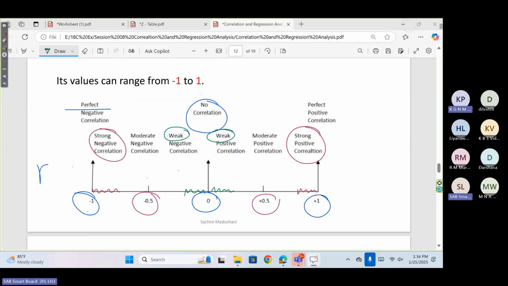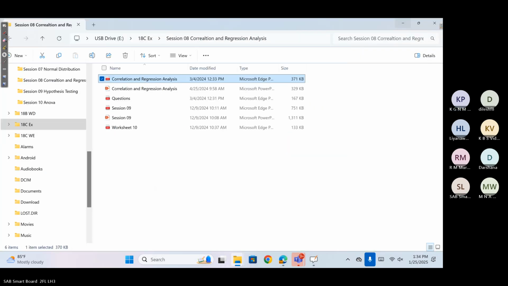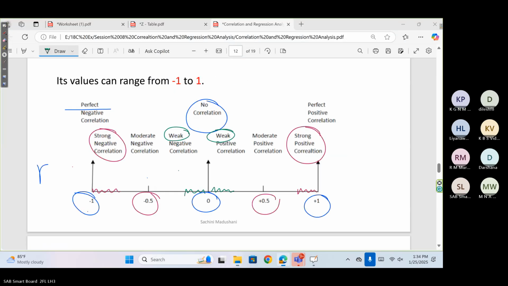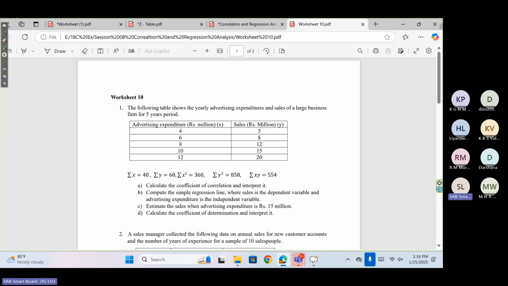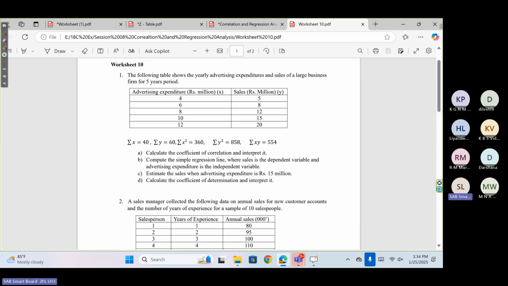Here we move into one question. Then we move into the worksheet. Question number 1, now you can do part A only.